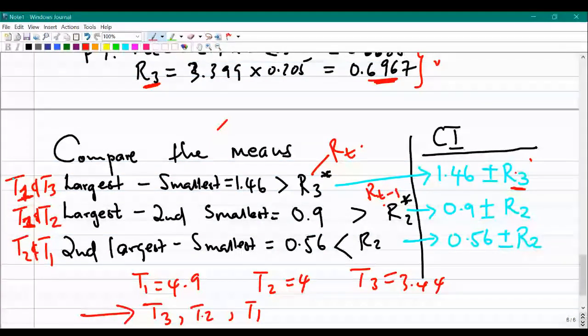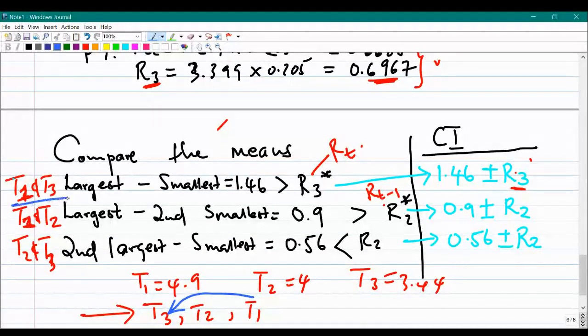T3 is the smallest, T2 is the second smallest, and T1 is the largest. So here it is supposed to be 3. Yes, it's correct. Thank you, sir.